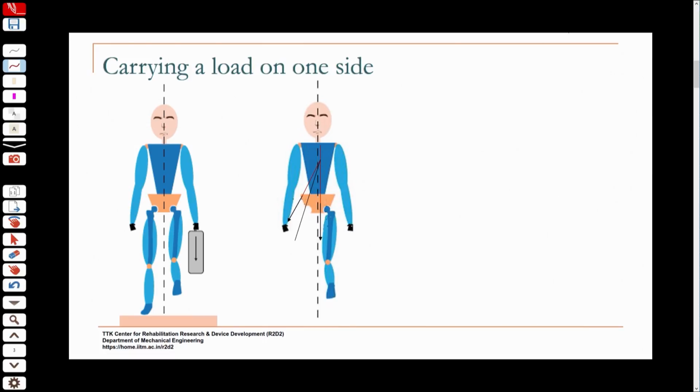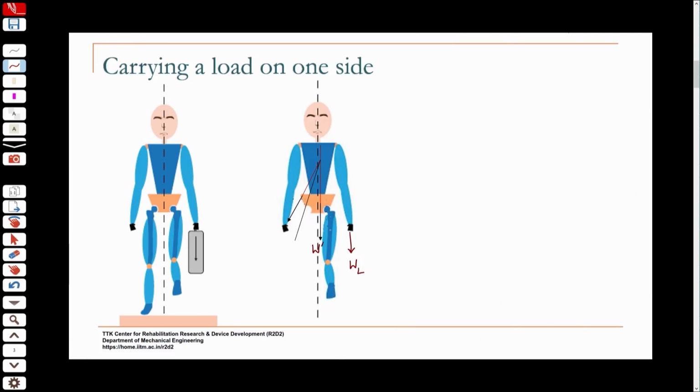So, let us look at the case where you are carrying a load. If you are carrying a load on one side, this is going to be the reverse of using a cane. So, let us call this W dash.